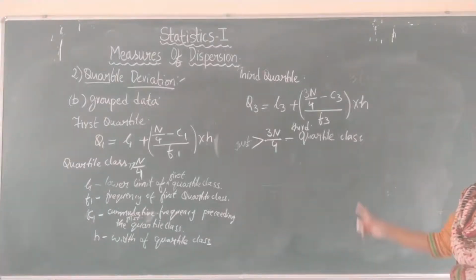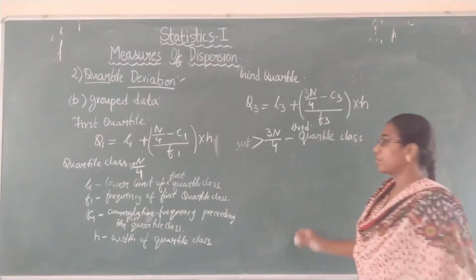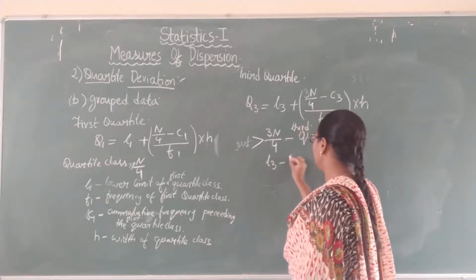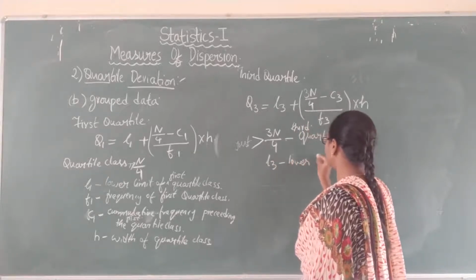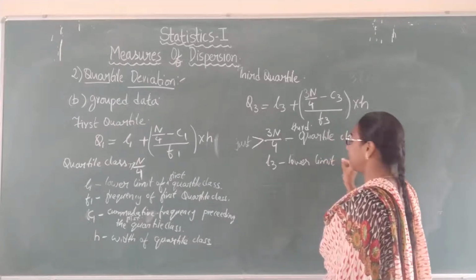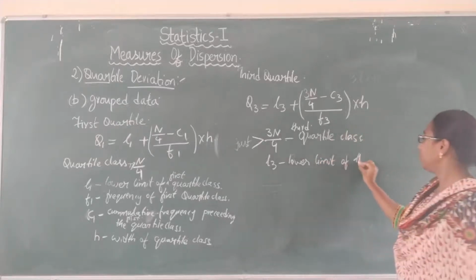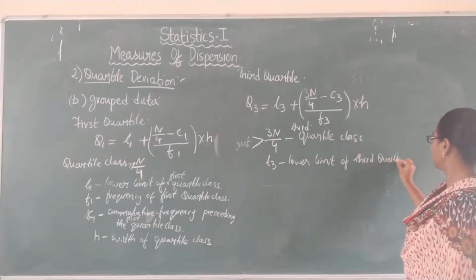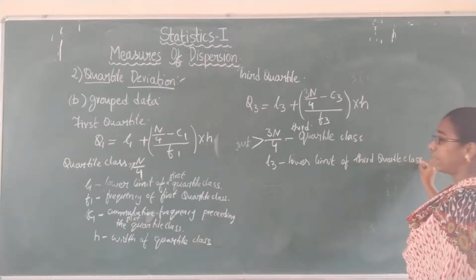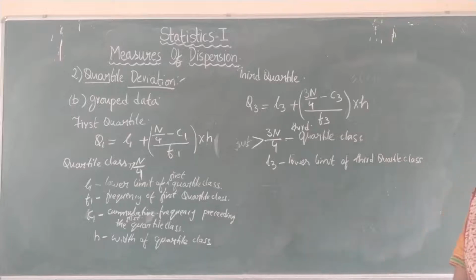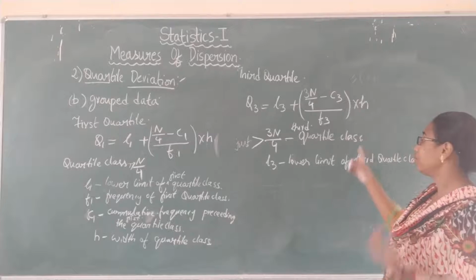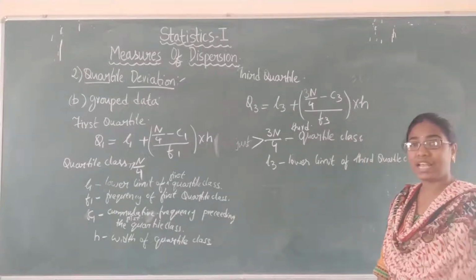After getting the third quartile class, the procedure is similar. L3 is the lower limit of the third quartile class. Next, similarly, what is F3? F3 is the frequency of the third quartile class.